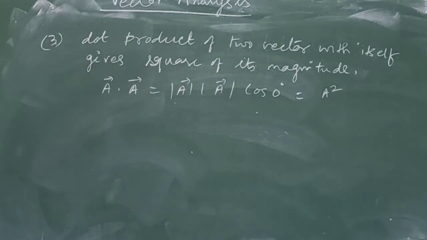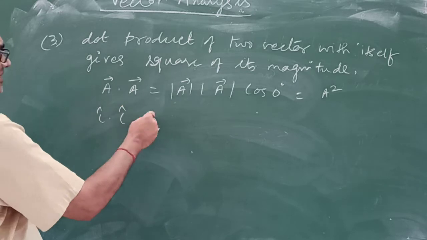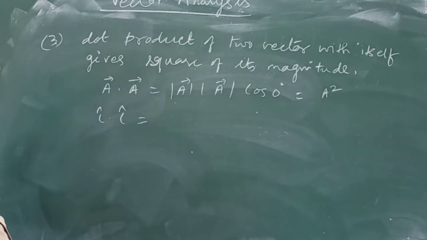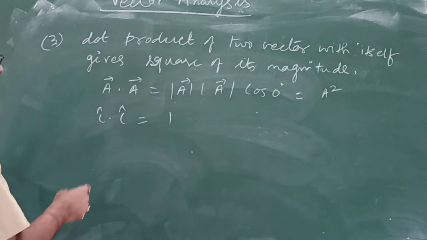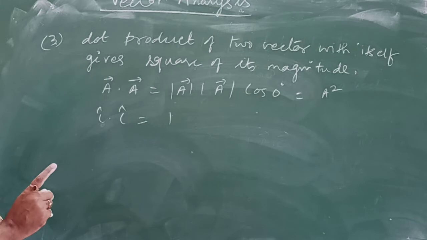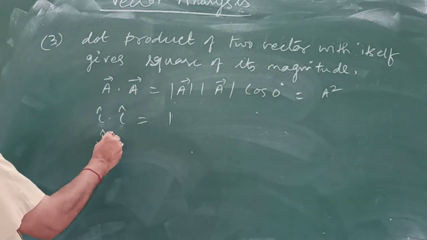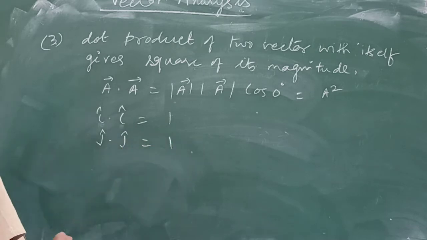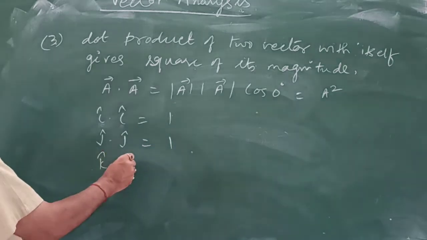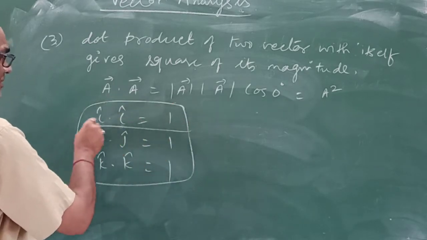In the same way, i cap dot i cap is equal to 1. Magnitude of unit vector 1 into 1 is equal to 1. j dot j is equal to 1. k dot k is equal to 1, so you have to learn this property.